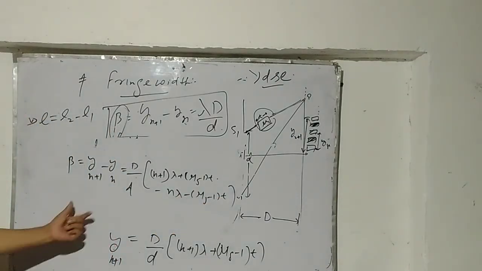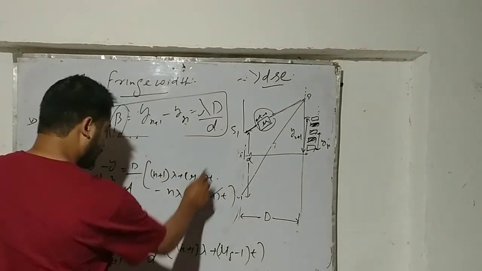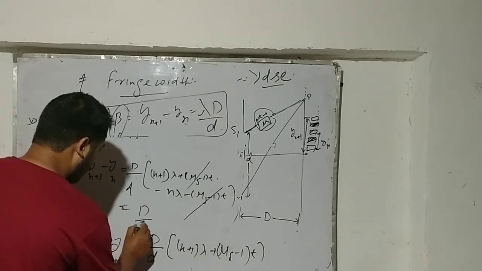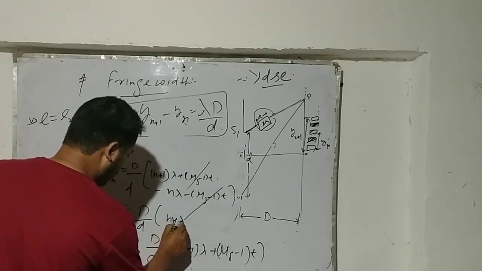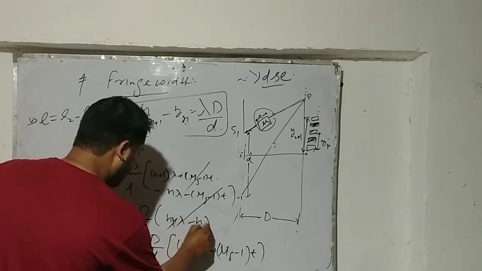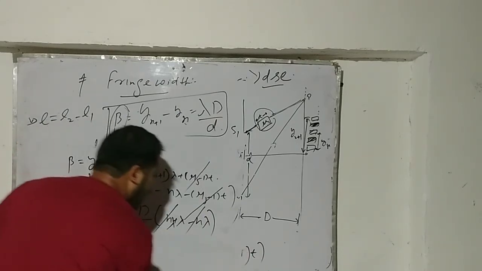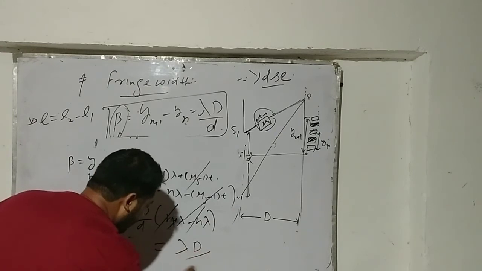This is what we get after subtracting the positions of the two fringes. The (mu minus 1) t terms cancel, and I am left with D over d times (n lambda plus lambda minus n lambda). Simply, I get beta equal to lambda D over d.